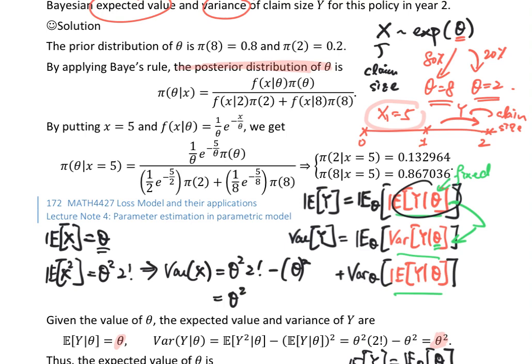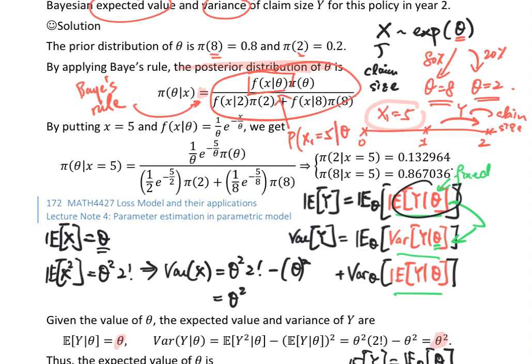To get this, we simply use the Bayes rule and do the job. That is the formula you can take to get your posterior distribution, and here this f is essentially the probability that you get the first observation equal to 5 given that you know theta.